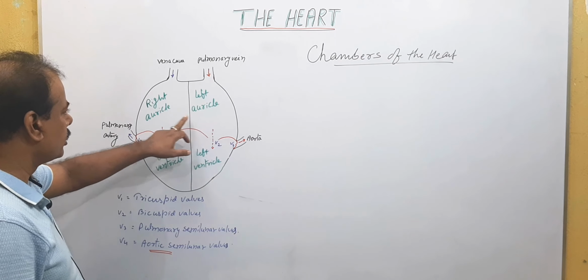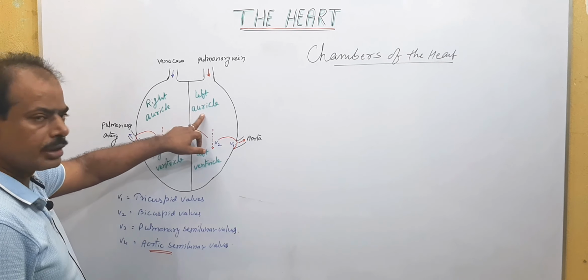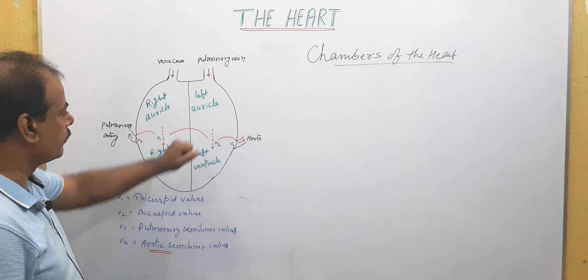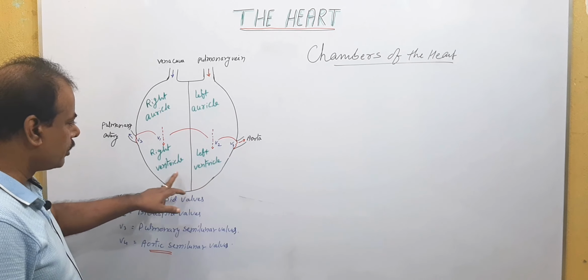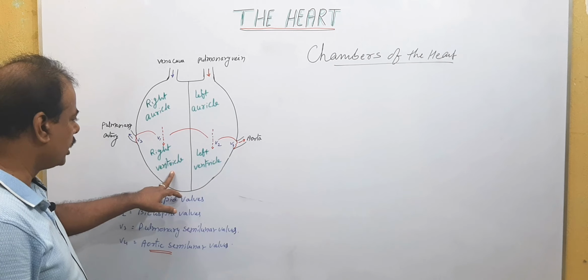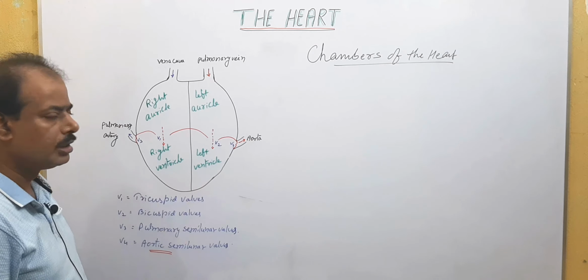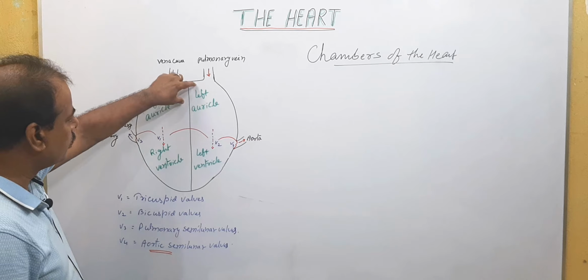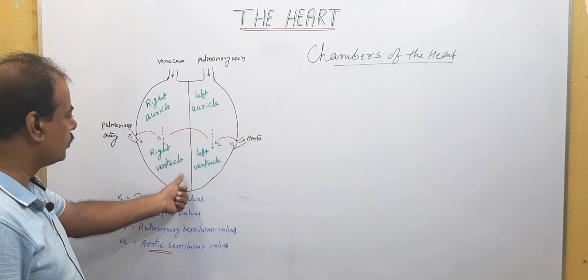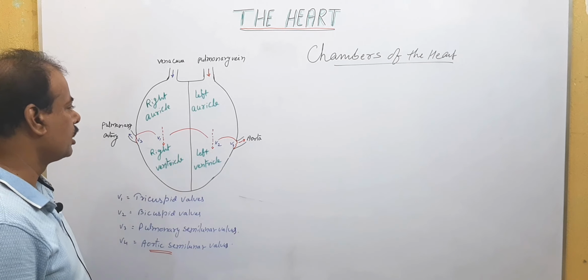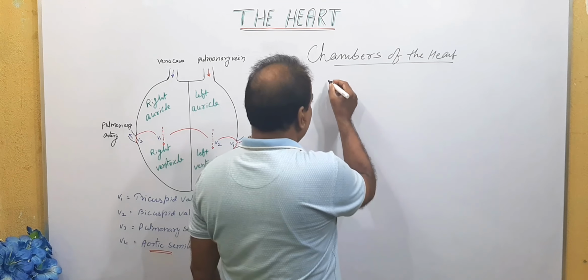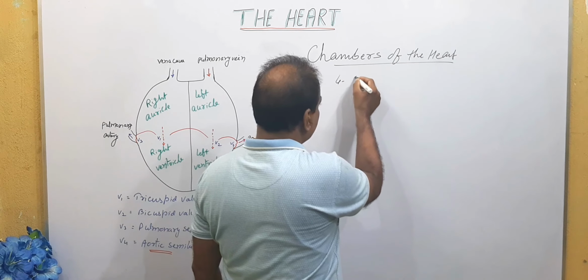The upper two are the right auricle and left auricle. The lower two are the right ventricle and the left ventricle.